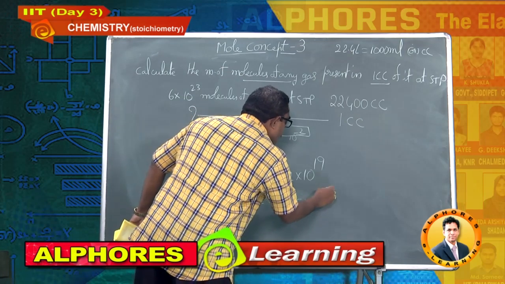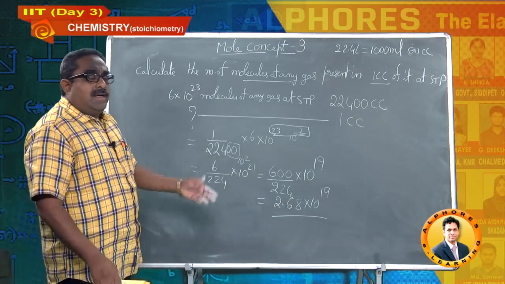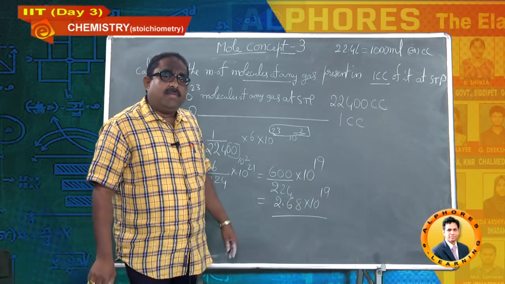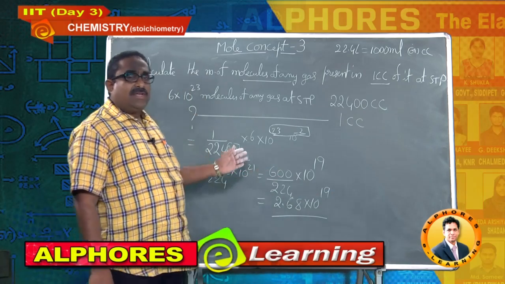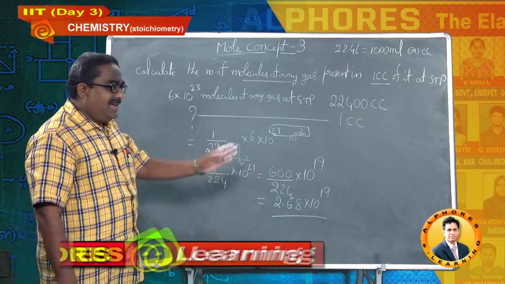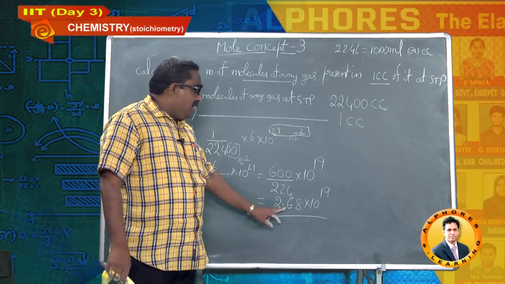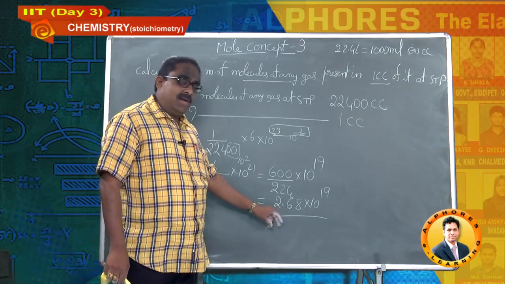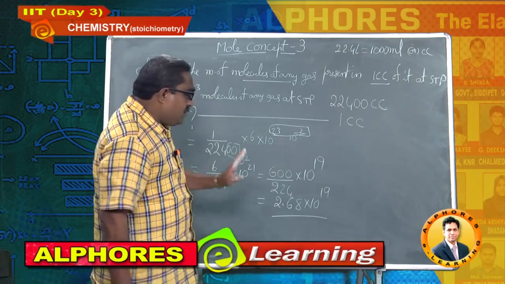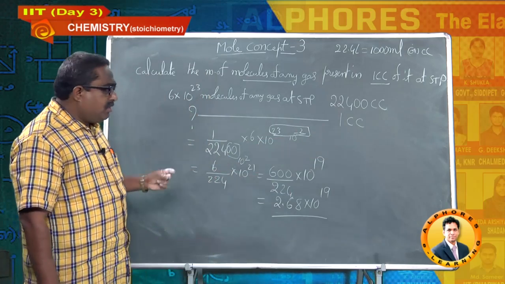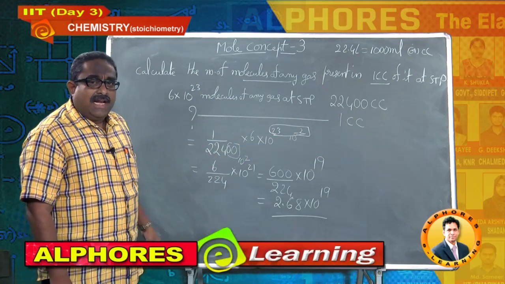This is how to calculate in the simpler way, because in most national competitive exams, what we are going to write is nothing but options. You will have MCQs, A, B, C, D, or 1, 2, 3, 4 options. So the moment you get the answer, you can immediately pick the choice. That's why calculation ability is also very, very important, especially in physical chemistry.